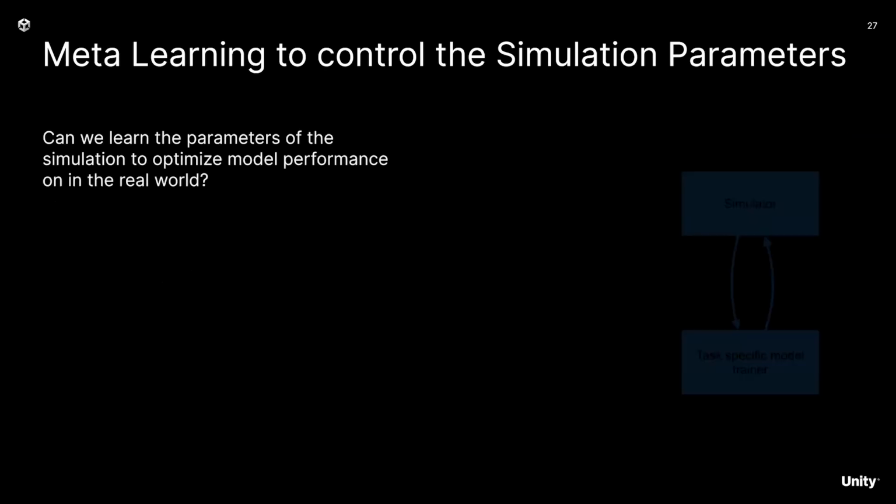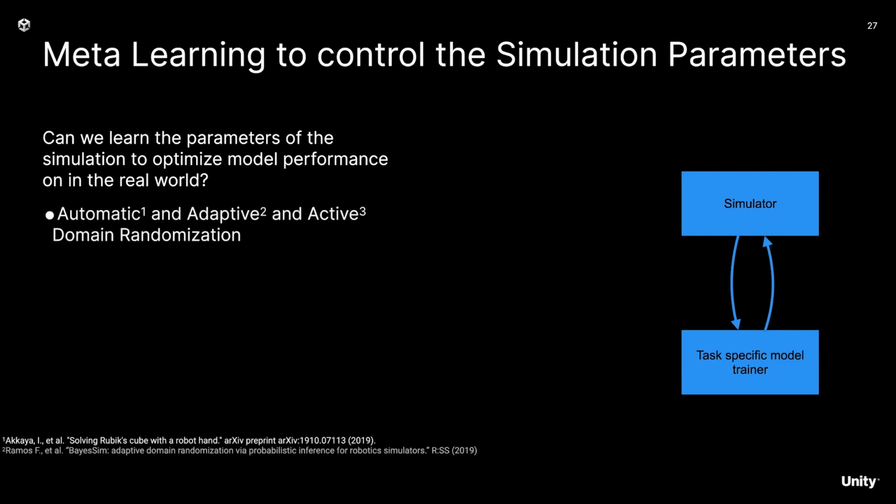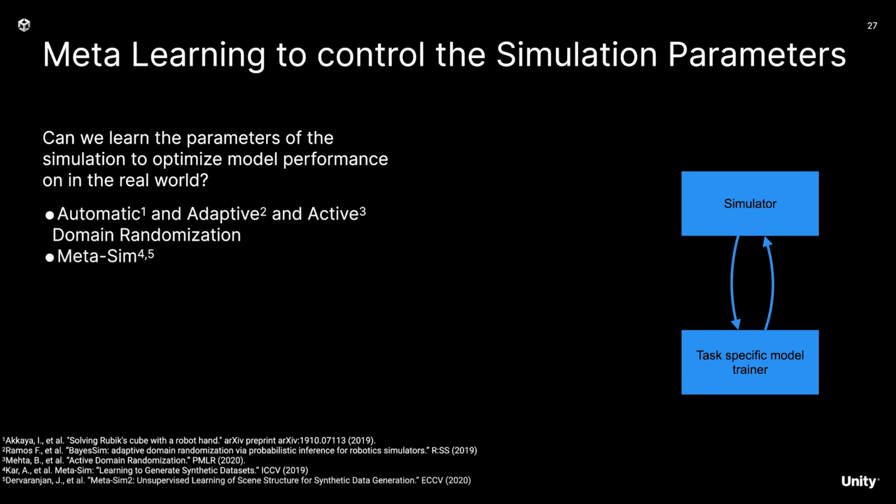So this brings up the question of what do we do about the poor zero-shot performance? Our hypothesis is to approach this via meta-learning, in which we update the data generator parameters according to model performance on a specific task. This has been done by other researchers before in many different ways.